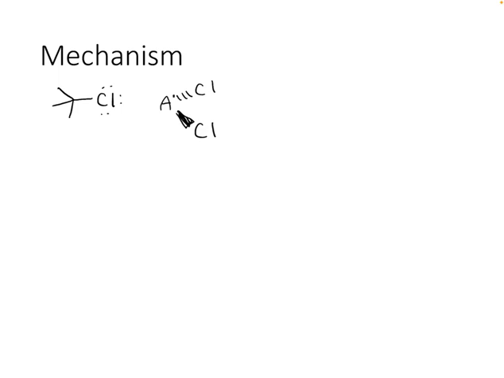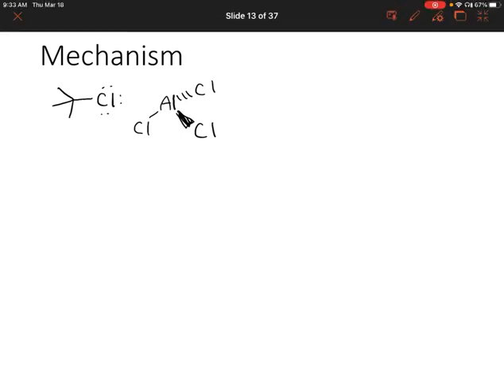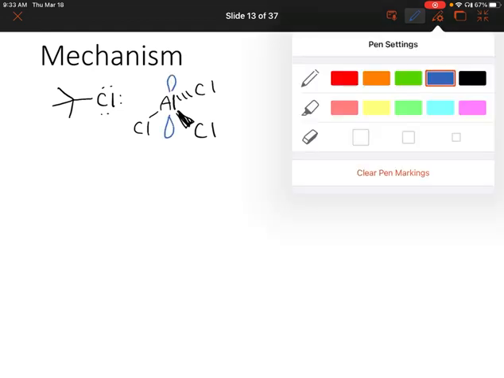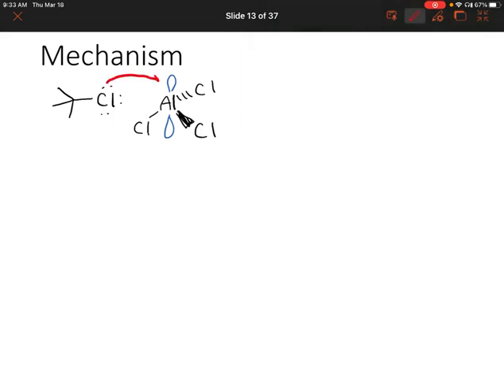And remember, aluminum trichloride has an empty p orbital that acts as a Lewis acid, so it can accept electrons from our chlorine.